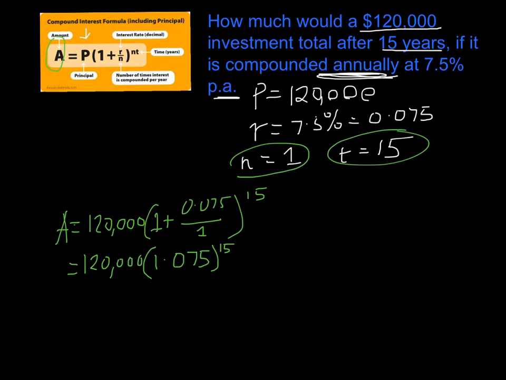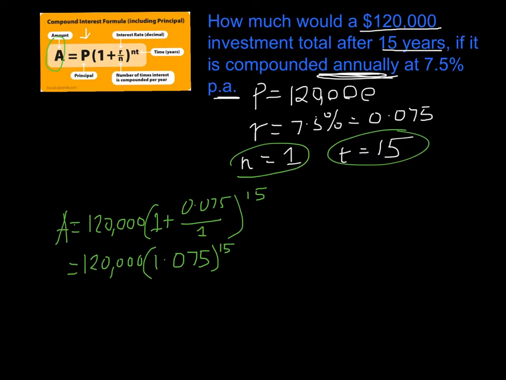So after doing our division first in the brackets, then our addition inside the brackets, now that we've done the brackets first, we need to do the order, or the power.